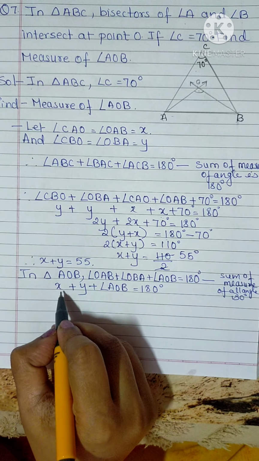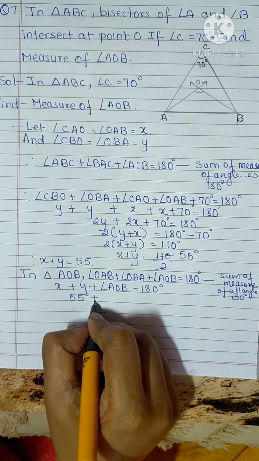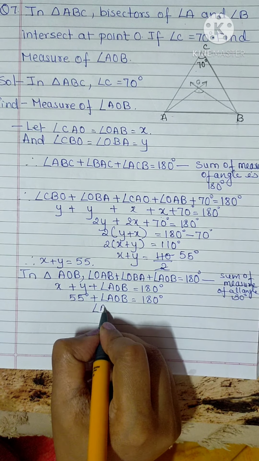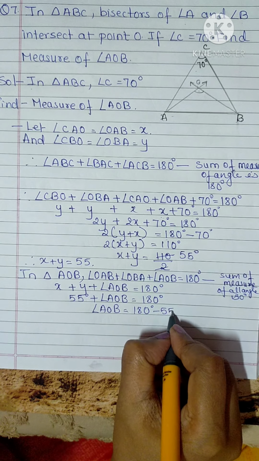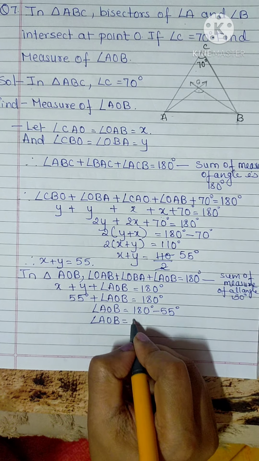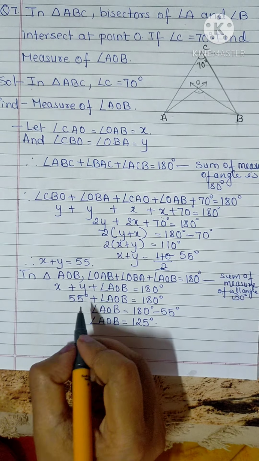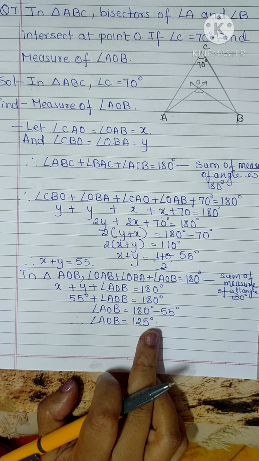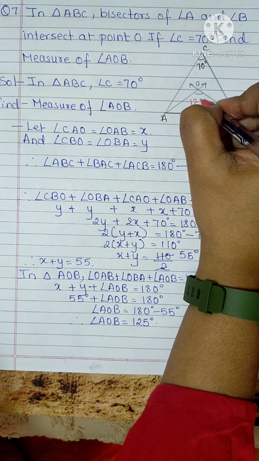We got X plus Y as 55, so 55 degrees plus AOB equal to 180 degrees. Angle AOB is equal to 180 minus 55. When we subtract, we get angle AOB as 125 degrees. So I'm writing in the diagram it is 125 degrees.